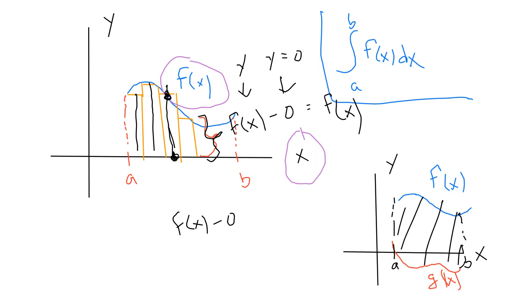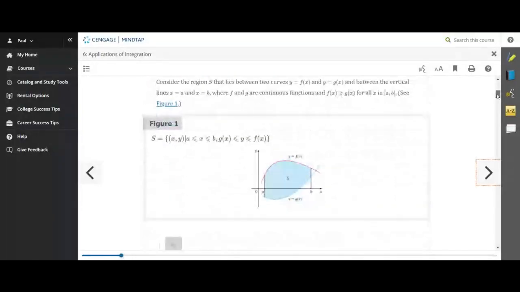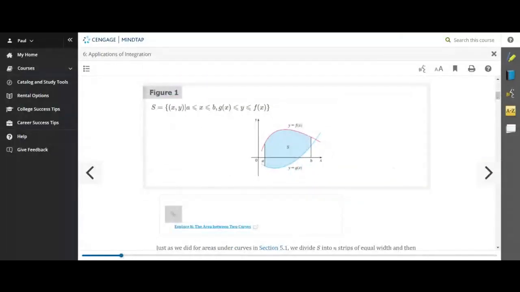Okay. Well, it's not that hard to see how to do this, because if we look here at the book, in figure 1, this is the scenario that we have. A function on top, which is f of x, a function on the bottom, which is g of x, and we want to estimate the area between those two functions from a to b.